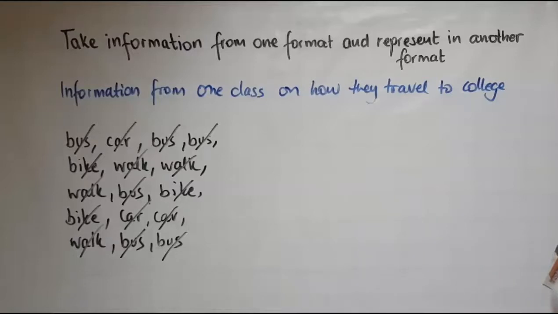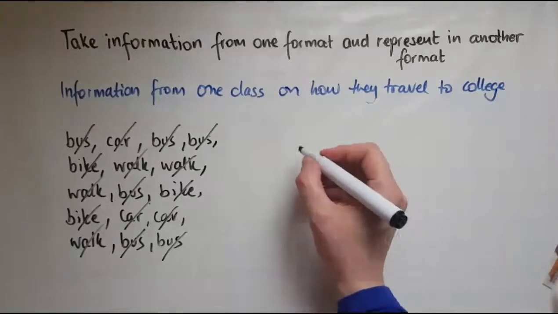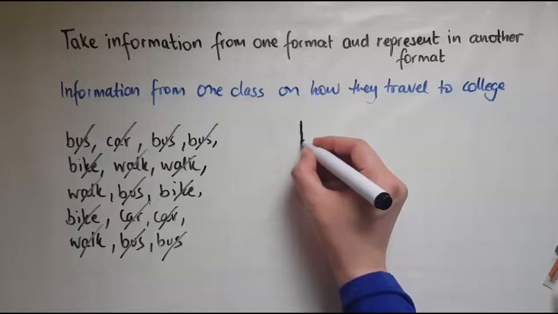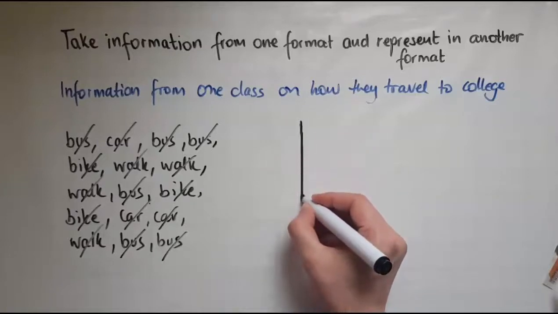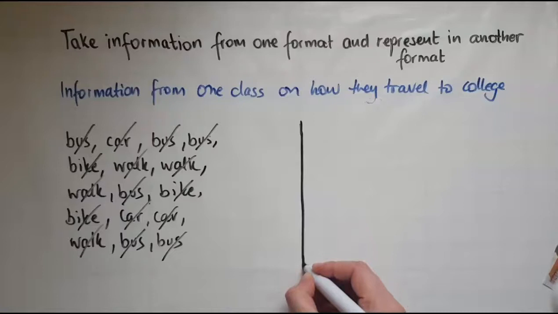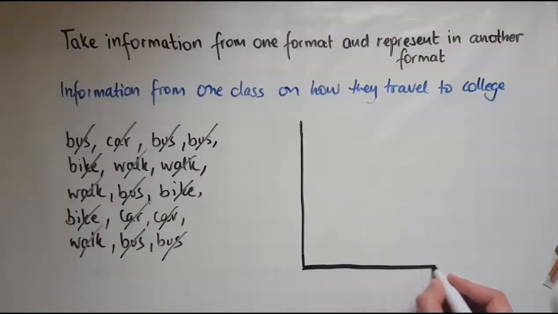So what I'm going to be starting off with is actually drawing a vertical line like this and a horizontal line next to it, so they both meet at this point, which is where 0 comes. And then normally we put the numbers in there. So let's have a look.